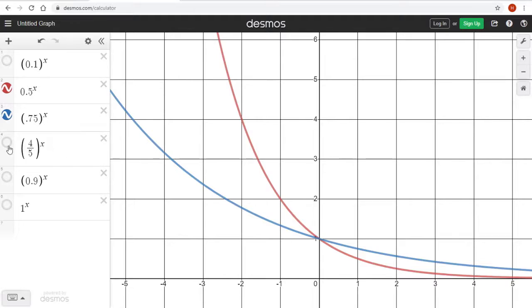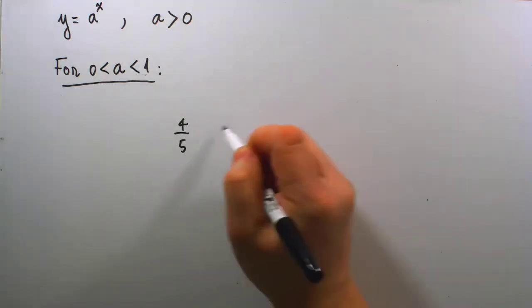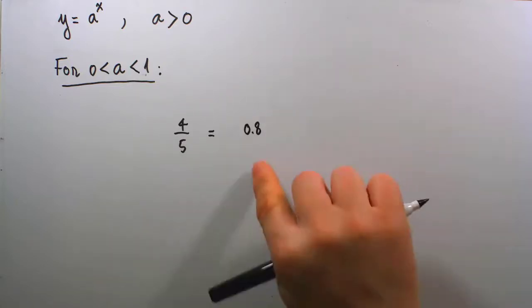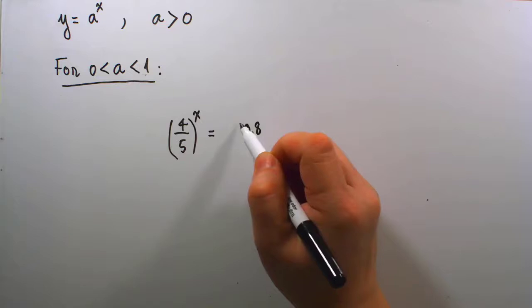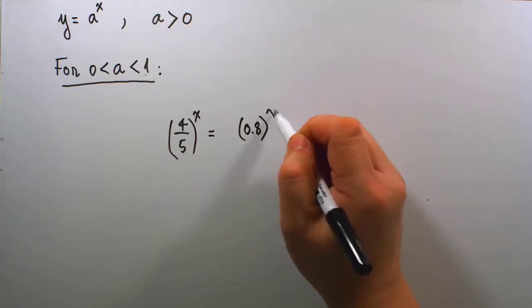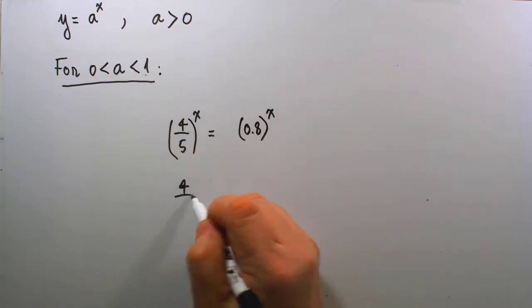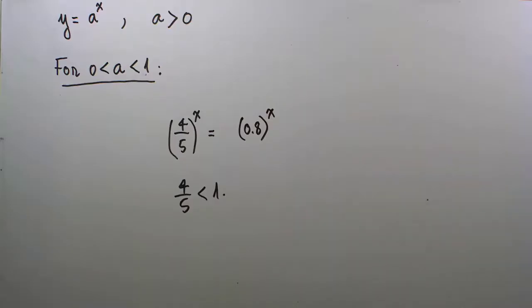On my list here, I have also placed down the function 4/5 to the x. Let's look at 4/5 to the x right here. 4/5 as a fraction equals 0.8 in decimal, so 4/5 to the x is the same as the exponential function 0.8 to the x. Clearly, 4/5 is a base that's less than 1, so we already have some expectation of what the graph should be for this function.